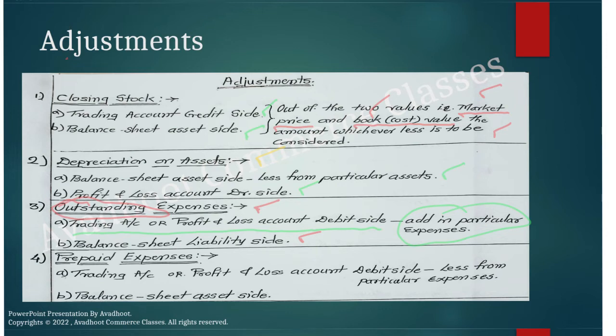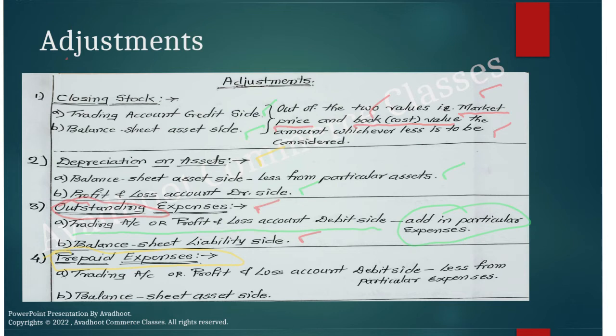Next one is prepaid. Prepaid means pre means in advance, which is paid in advance, which is opposite to outstanding. Outstanding we were adding to a particular expenditure, here prepaid we are deducting from a particular expenditure. Insurance. If suppose the insurance premium is paid up to June and we are preparing for March, it means April, May, June, 3 months you have made a payment in advance.